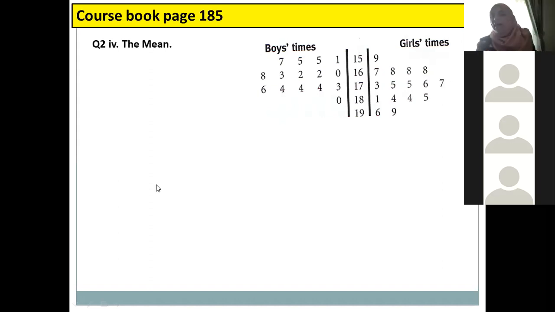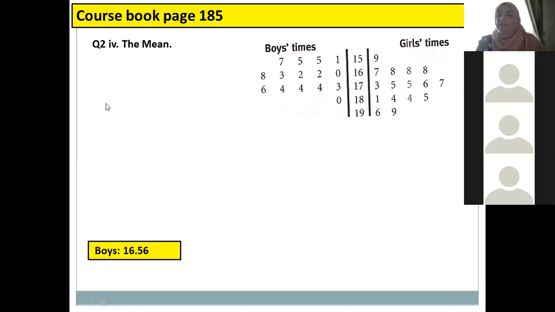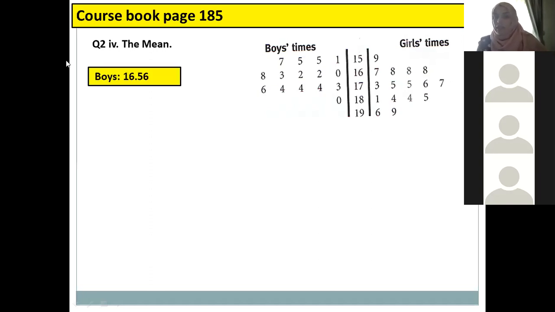So we will add all the values and then divide them by their number. I will add the 15 values that I have: 15.1, 15.5, 15.5, 15.7, 16, 16.2, 16.2, 16.3, 16.8, and so on. Then I divide that by 15, and the mean for the boys is 16.56.